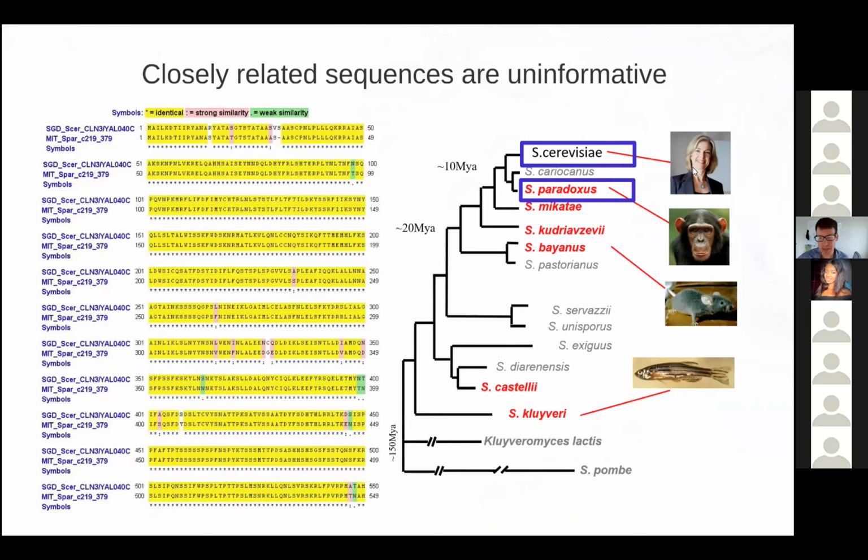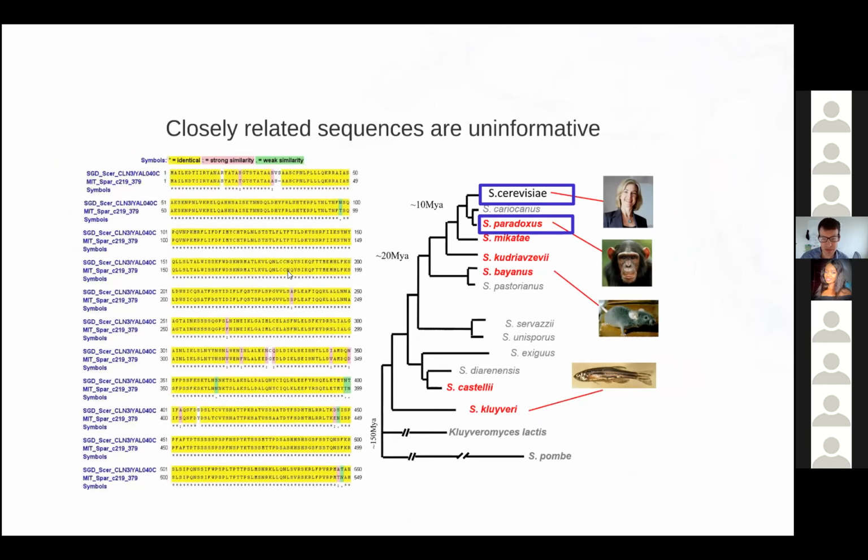But the pictures of the other animals are here just to give you a feel for how distantly related, even within yeast, these differences are. If you take two closely related species, you can see that they align really well. The stars mean there's an identity, and there are very few differences, which means it's hard to know what's going on. We can't learn very much from the closely related species.